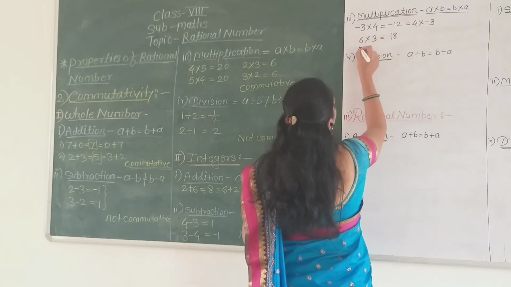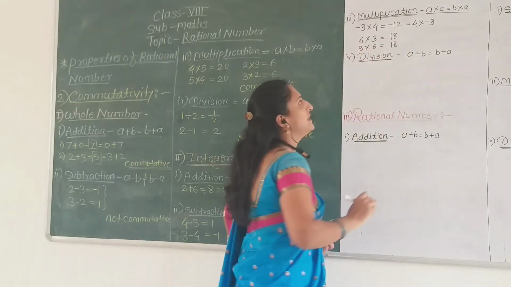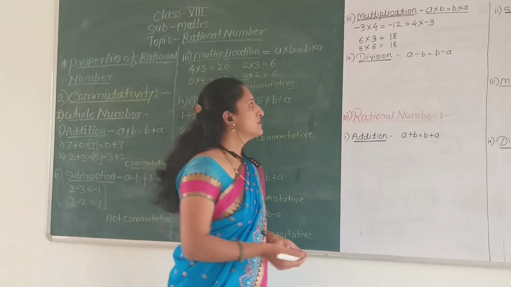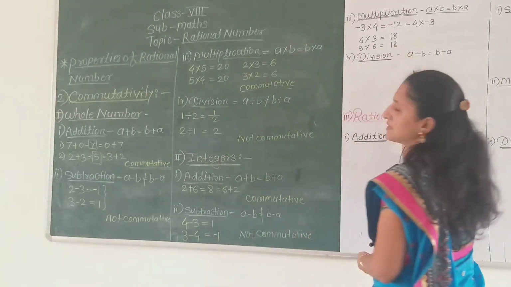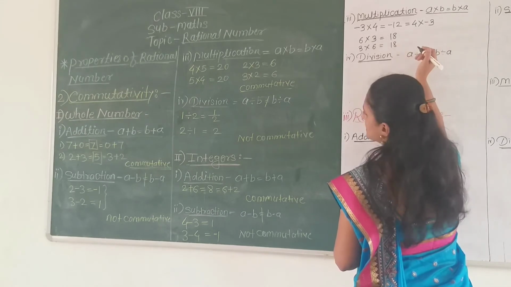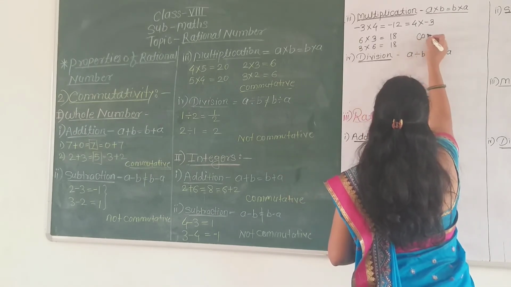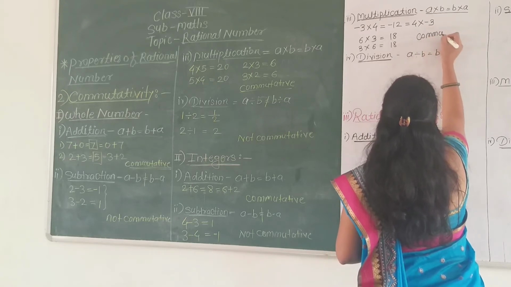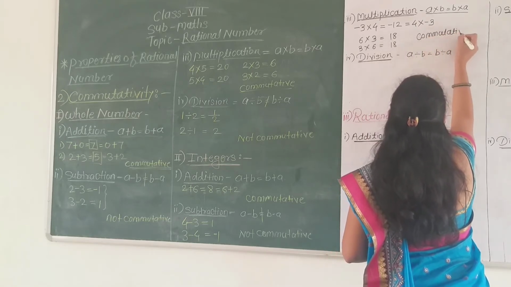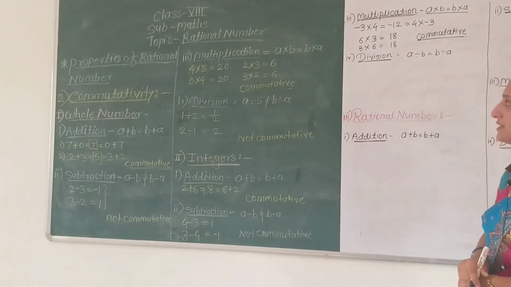Let us check 3 6s are also 18. Okay. So from these two examples, we can say that integers are commutative with respect to multiplication.